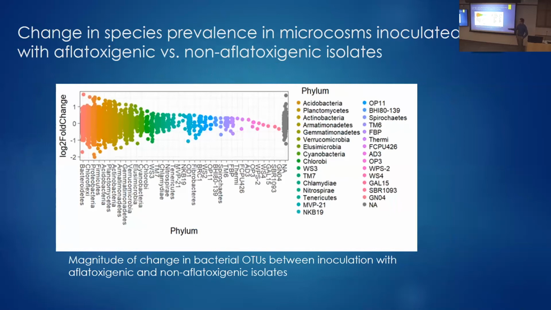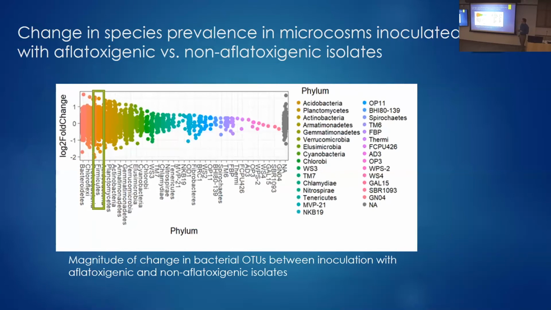And each spot here is an OTU, which for practical purposes you can think of as a species. Each dot represents a species of this phylum, and how much its abundance changed from not having an aflatoxin producer, a non-aflatoxigenic isolate, to having an aflatoxigenic isolate. So how much did it change in that?